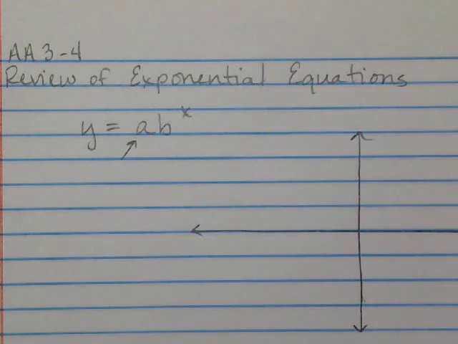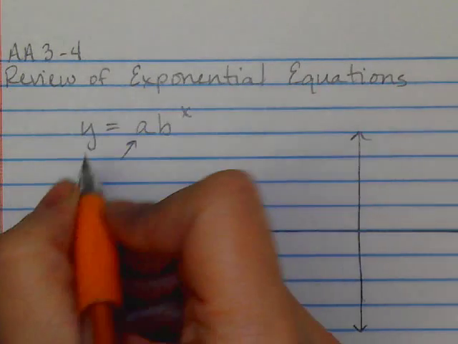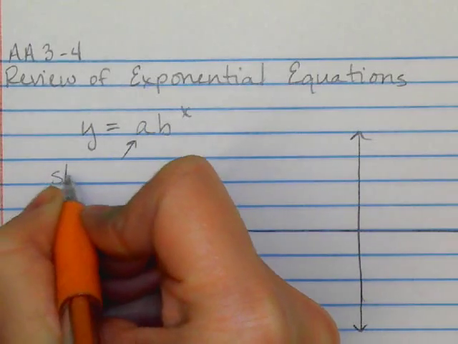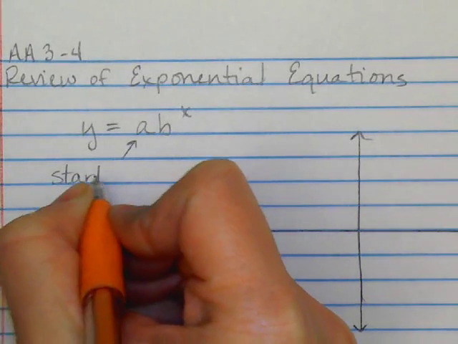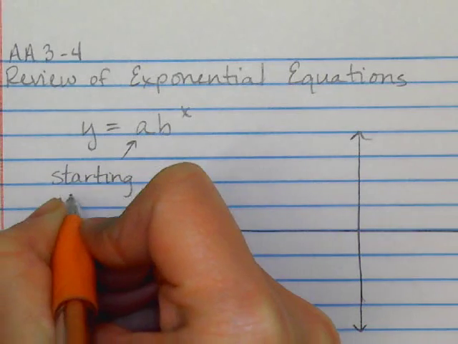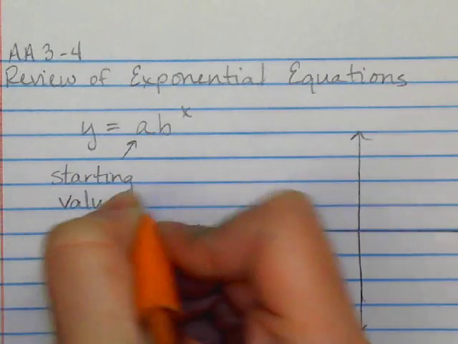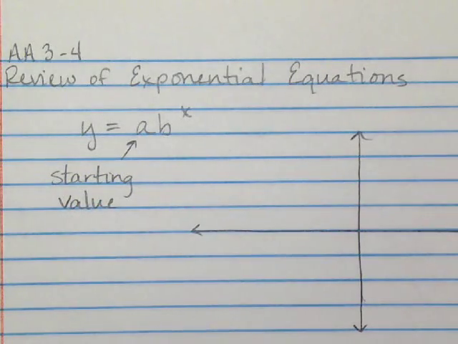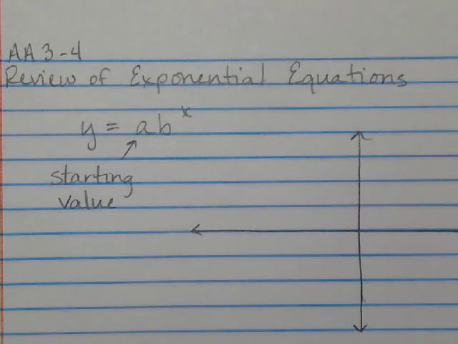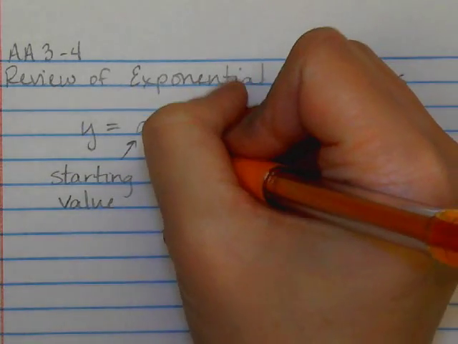So a is actually the starting value. In real terms, we'll do an example in just a moment. But a is the value where you start. B is what's called our multiplier.